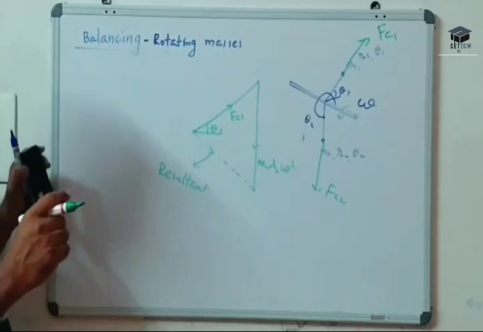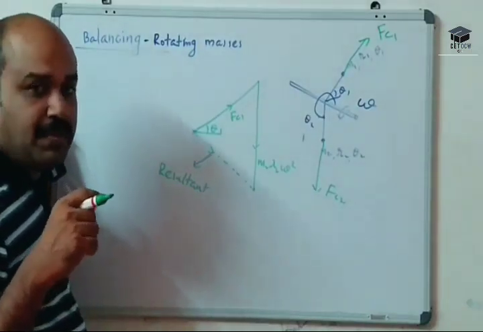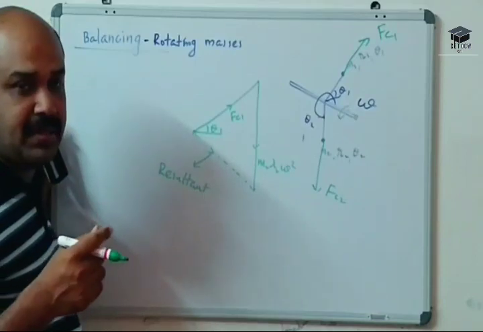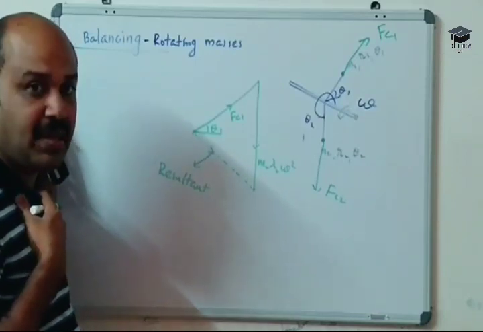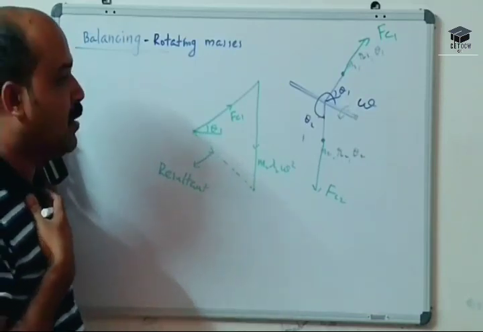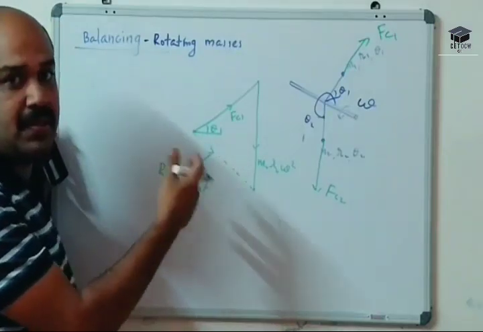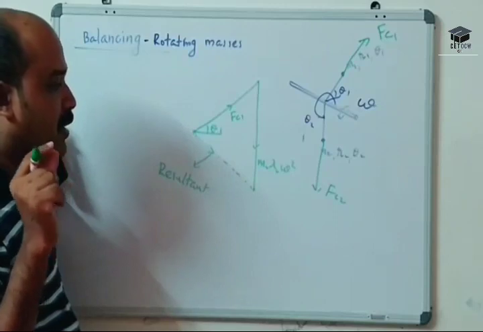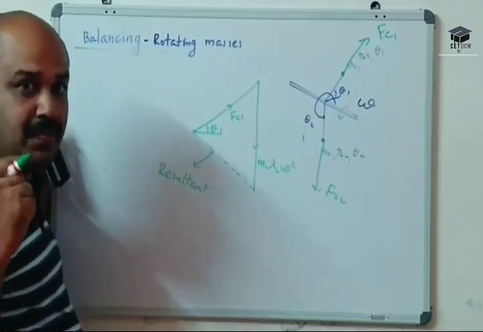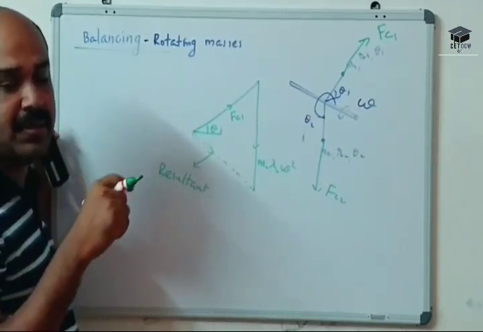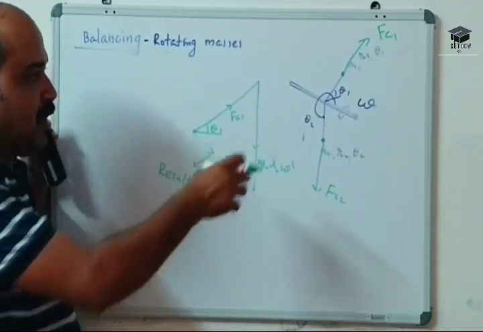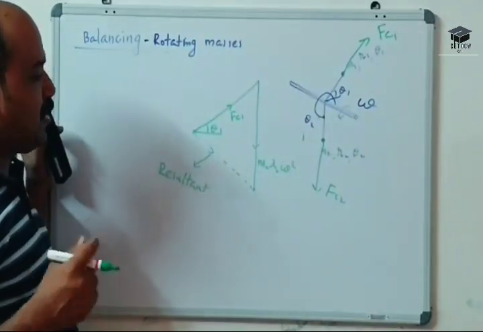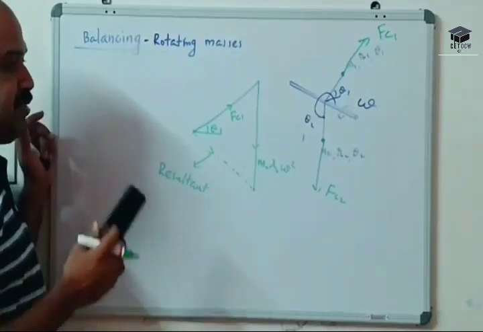So for machinery like turbines, where the value of omega is very high, centrifugal force will always be very high. So in such cases, a very small amount of unbalance will cause severe damage to the system. Even the shaft may collapse. Okay, so that is the problem with unbalance.